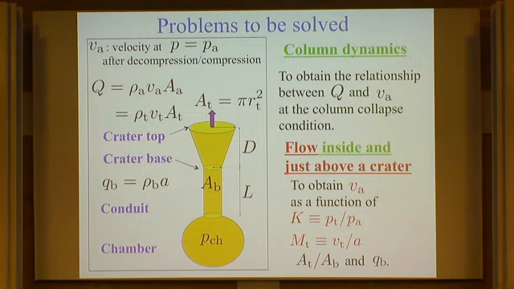All right, so now we get the relationship between Q and VA at the time of plume collapse condition. But as I said, the pressure here at the crater top is different from atmospheric pressure. So we have to estimate VA, the velocity after decompression or compression, as a function of K, PT over PA, and the Mach number, VT over sound velocity. So let's think about this problem.